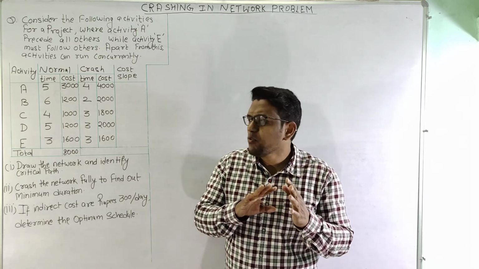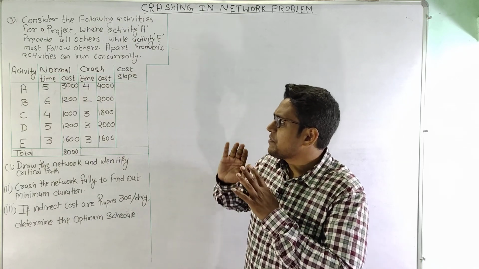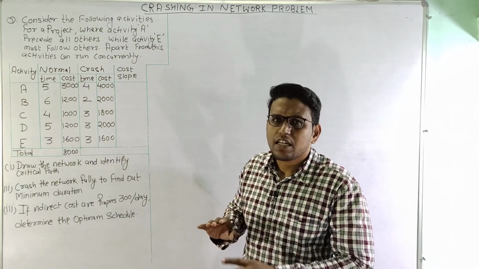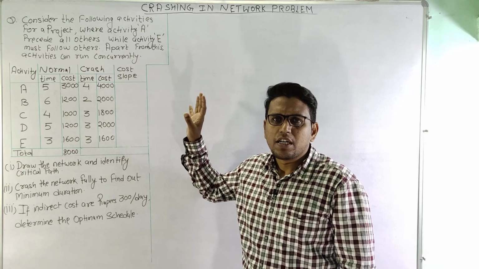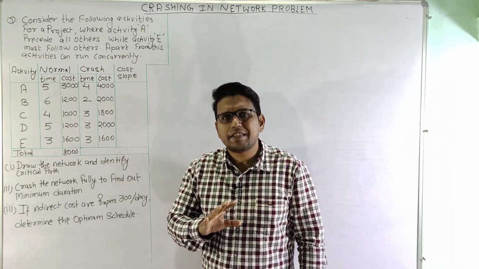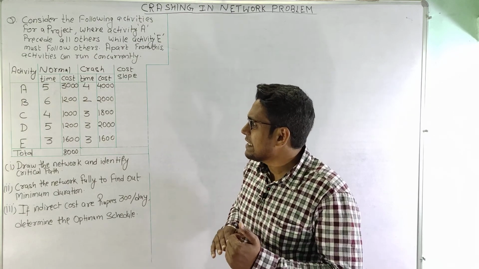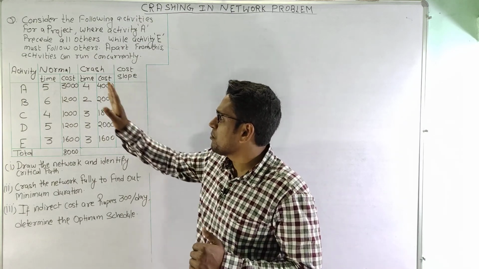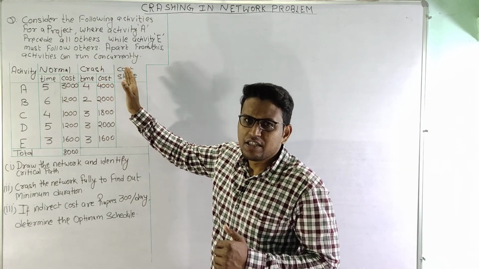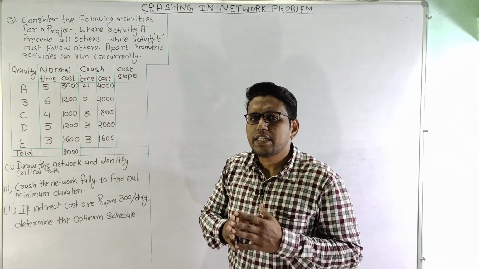Now let us move on here, and we must analyze that in our network problem the costs are not expressed in terms of direct and indirect cost, but instead it is expressed in the form of normal cost, crash cost, and indirect or overhead cost.